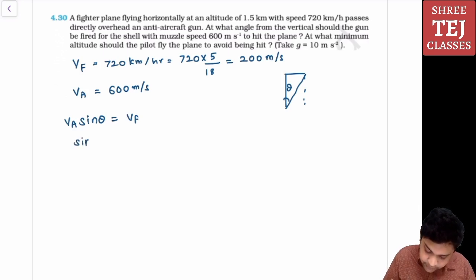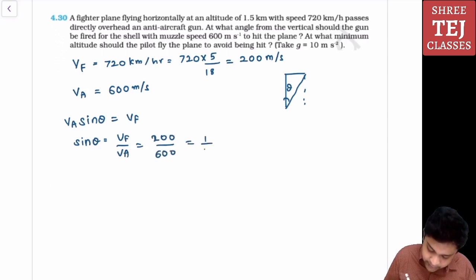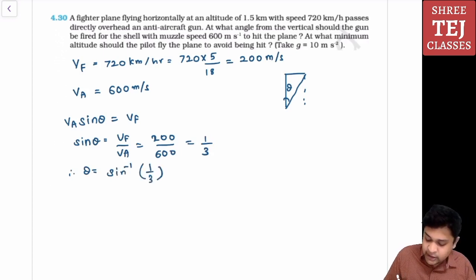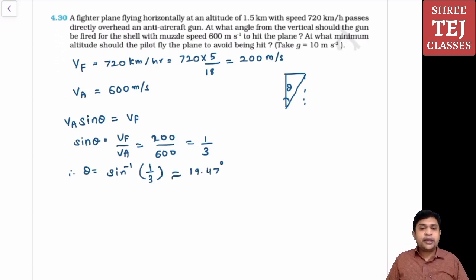Therefore, sine theta would be VF upon VA, which is 200 divided by 600, which is 1 by 3. Therefore, theta will be sine inverse 1 by 3, which is around 19.47 degrees. So this should be the angle from the vertical at which the anti-aircraft gun should be fired.